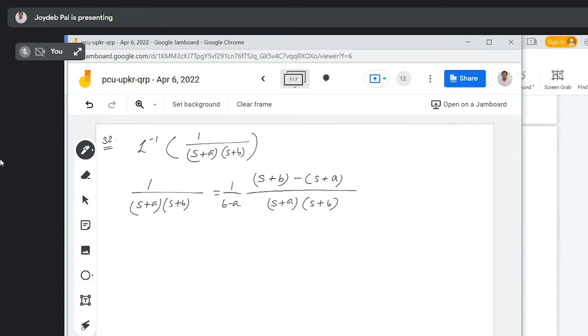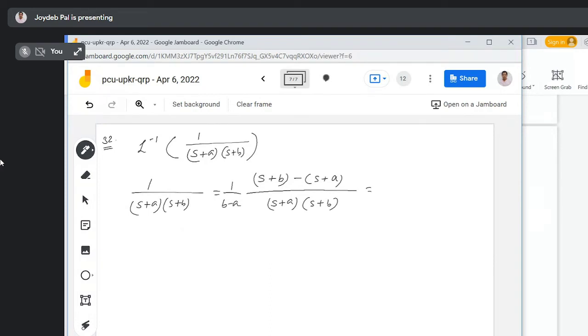Look, you can apply this technique. Means that A by s plus a plus B by s plus b. Then you find A and B. That you can do the usual approach, and that is a shortcut way. Okay. 1 by b minus a into this.